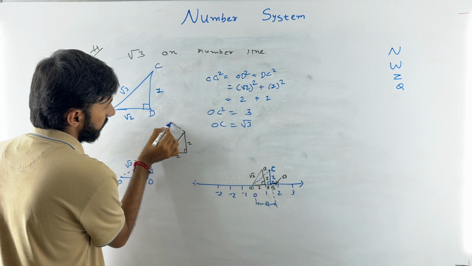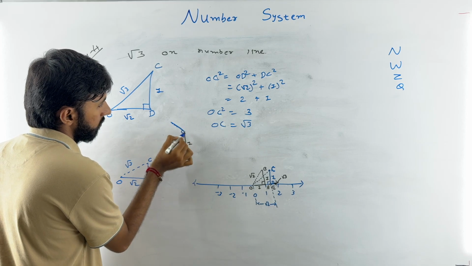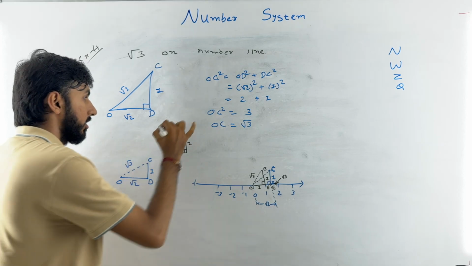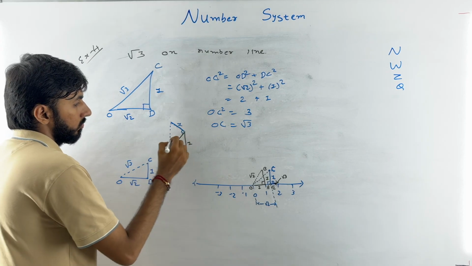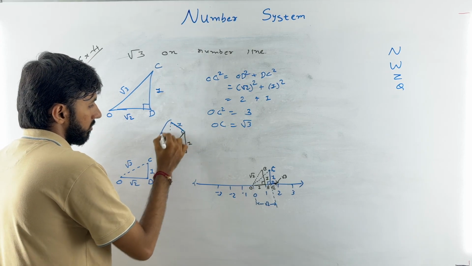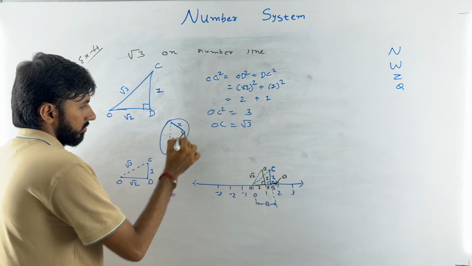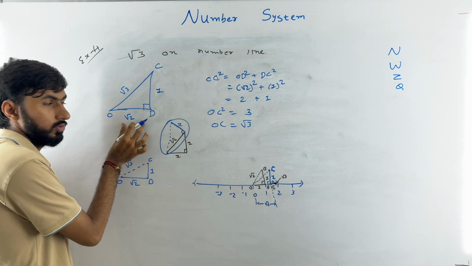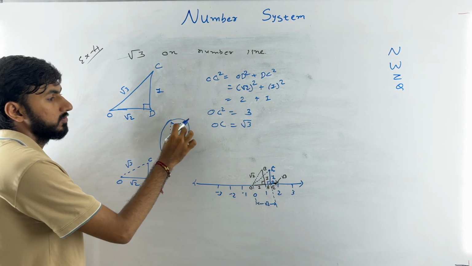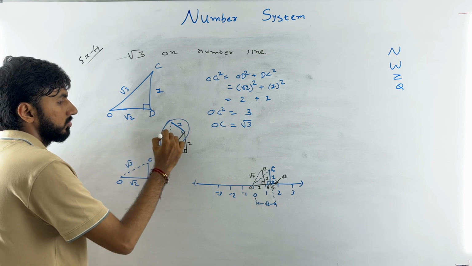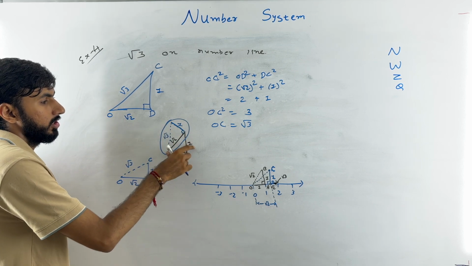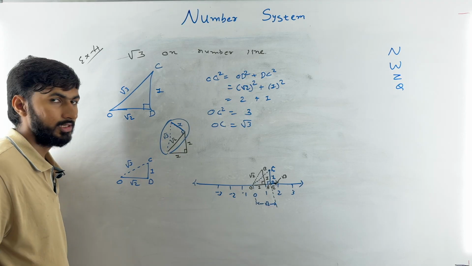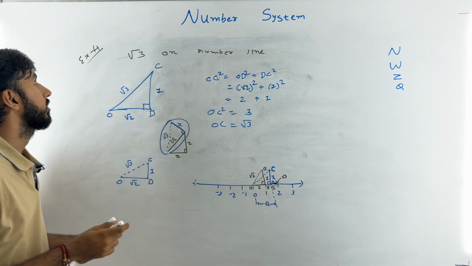If I draw a perpendicular here of length 1 and connect these two points, now you can see for this triangle, the length of the base is root 2, same as here. The length of the side is 1, same as here. So the length of this side will become root 3. So you can easily measure this and make a mark on your number line, right? So these are your examples.